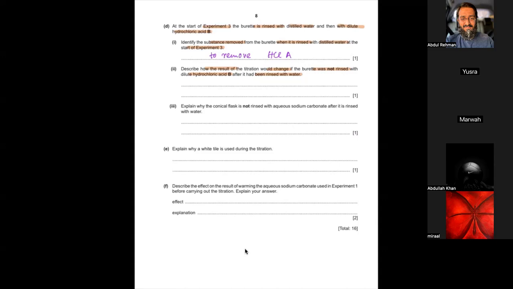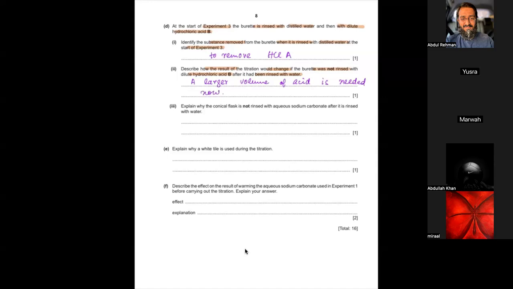So that HCl gets diluted because of the water present. When it gets diluted, a greater volume is going to be used up from the burette. Is this understandable? Yes, sir. A larger volume of acid is needed.